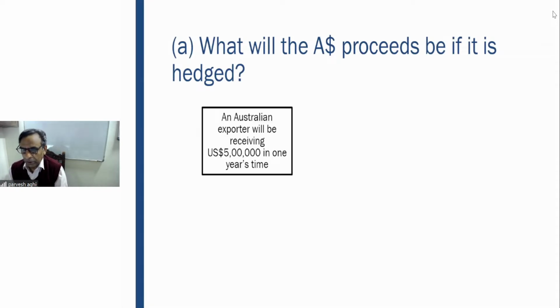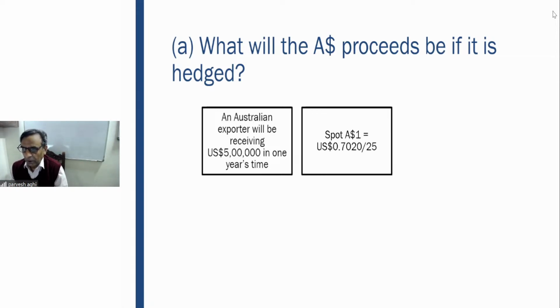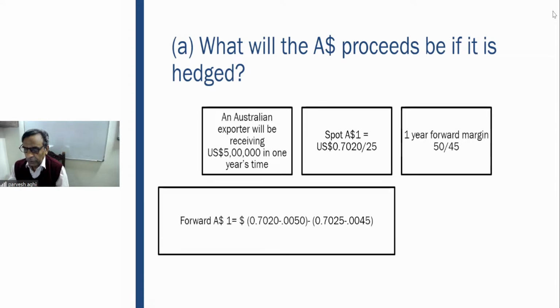An Australian exporter will be receiving $5 lakh in 1 year's time. The spot rate is given to you, Australian dollar is equal to so many US dollars, and the 1 year forward margin is also given. So we can calculate the forward rate by subtracting the swap points, because you can see the forward margin points are decreasing.